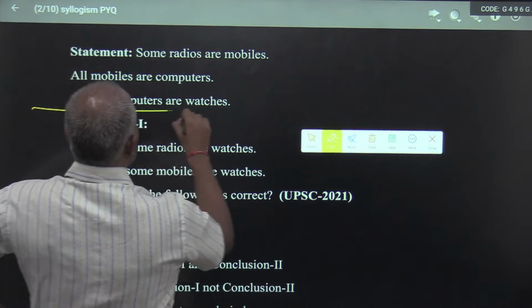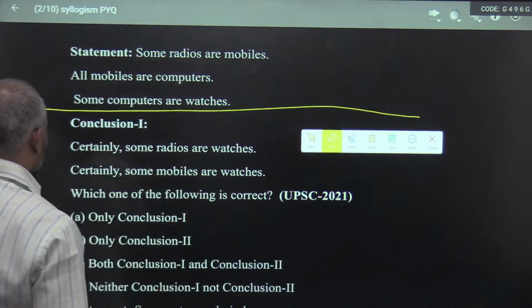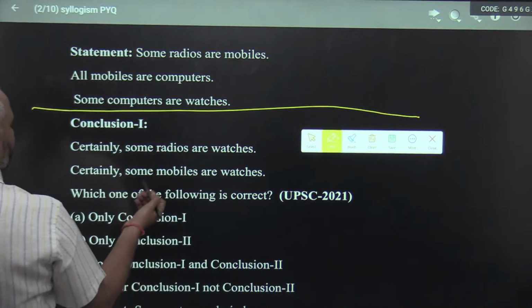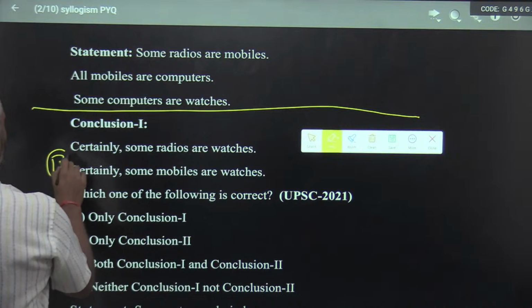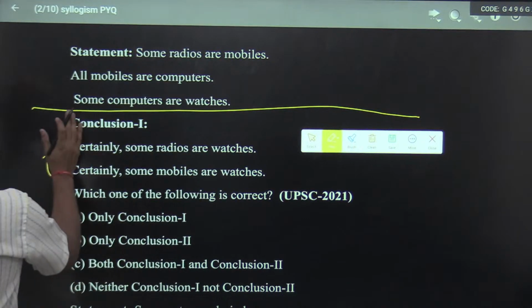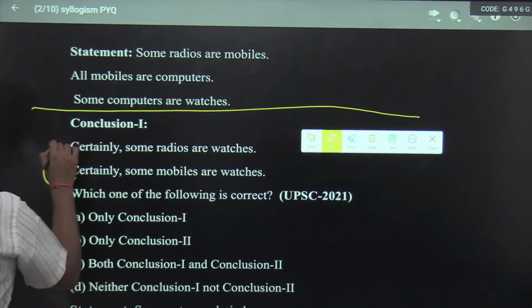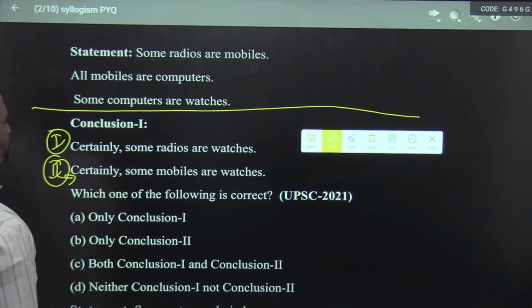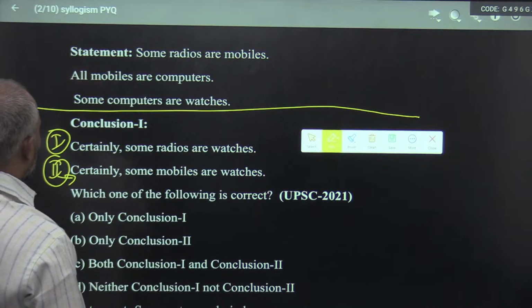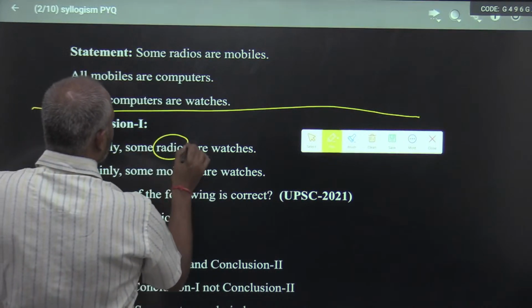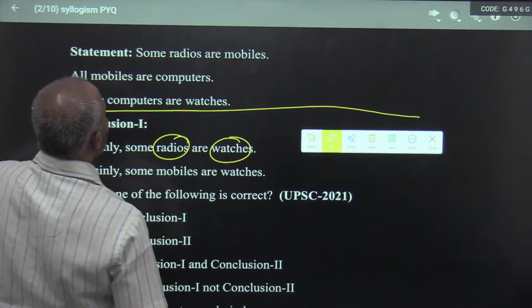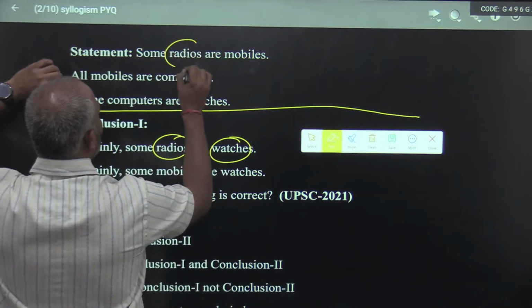So these are the statements, and conclusions are from here. This is conclusion 1, this is conclusion 2. The relation is between radio and watches.